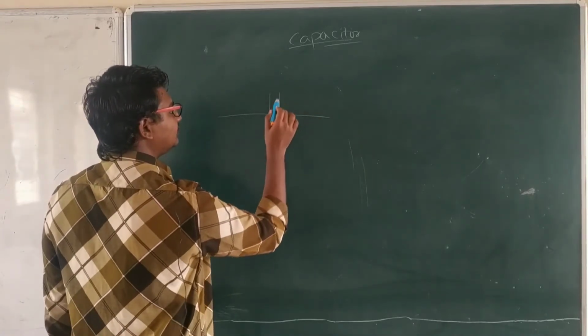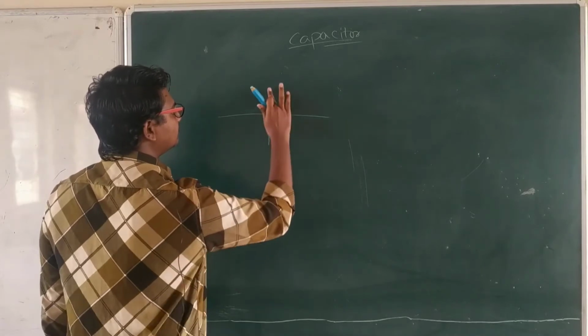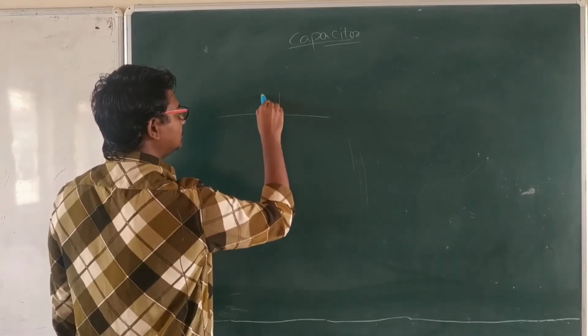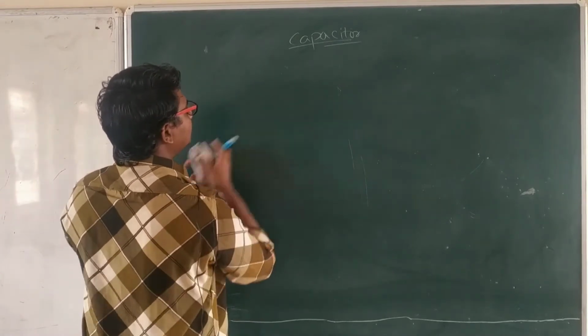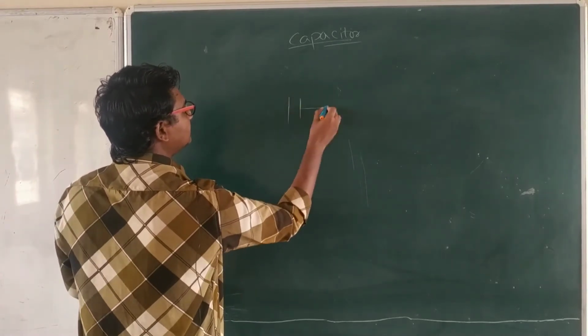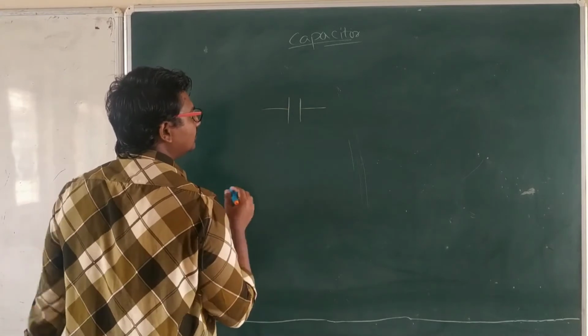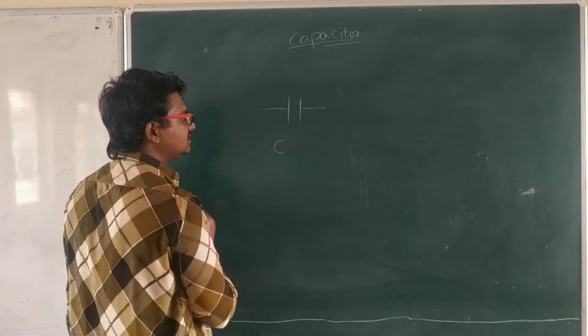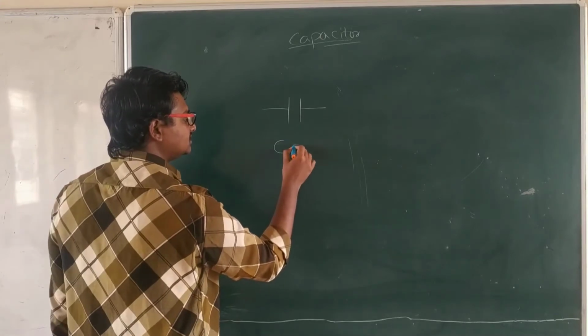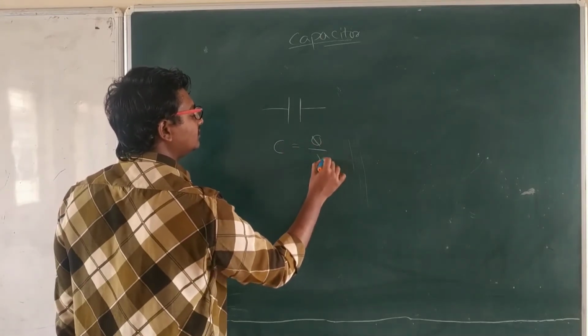The symbol for capacitor is this one. Sometimes they may mention it like this also. Okay, like this, or simply two parallel lines can be used to mention the capacitor. A capacitor will have the capacitance C, which equals Q by V.